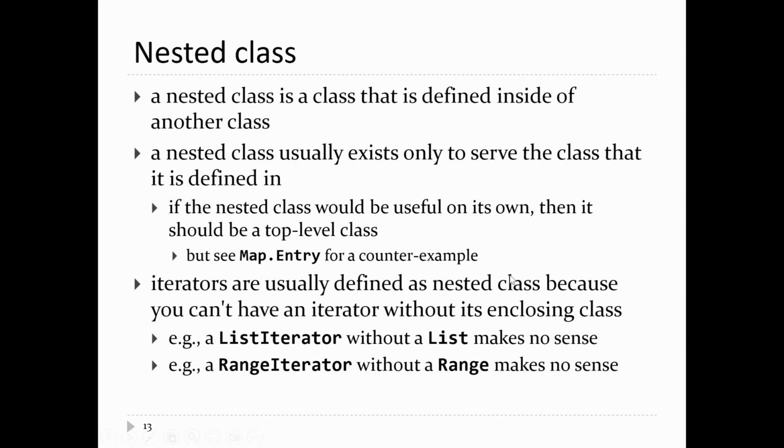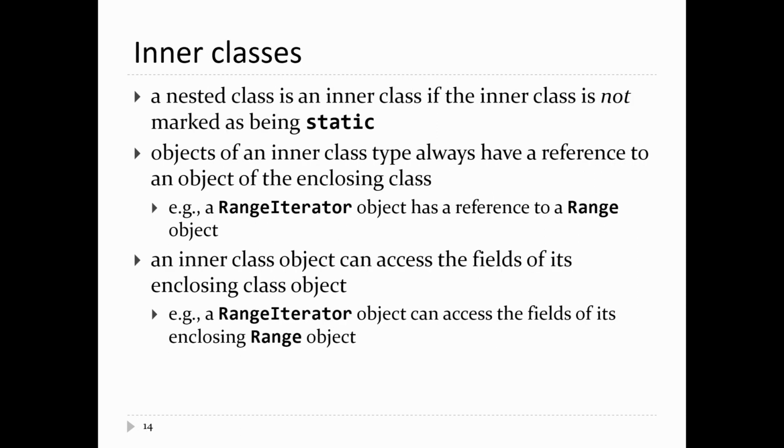Iterators are normally defined as nested classes, because you can't have an iterator without an object that you're iterating over. So in other words, having a list iterator makes no sense if you don't have a list, having a set iterator makes no sense if you don't have a set, and having a range iterator doesn't make any sense if you don't have a range. So what's a nested inner class?